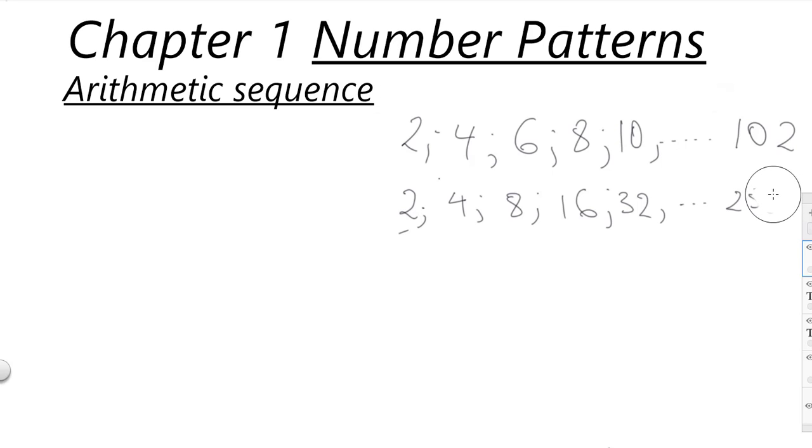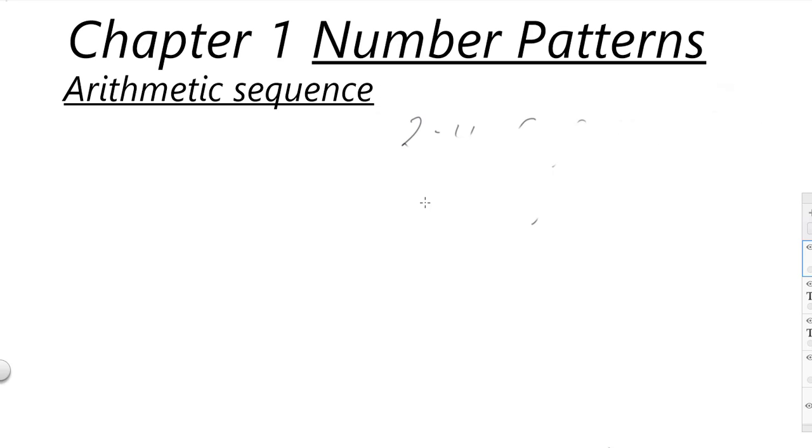The first one we are adding, and the second one we multiply. So the first one will be called an arithmetic sequence, that we'll be doing now, and the second one we call a geometric sequence. So now let's do this example.